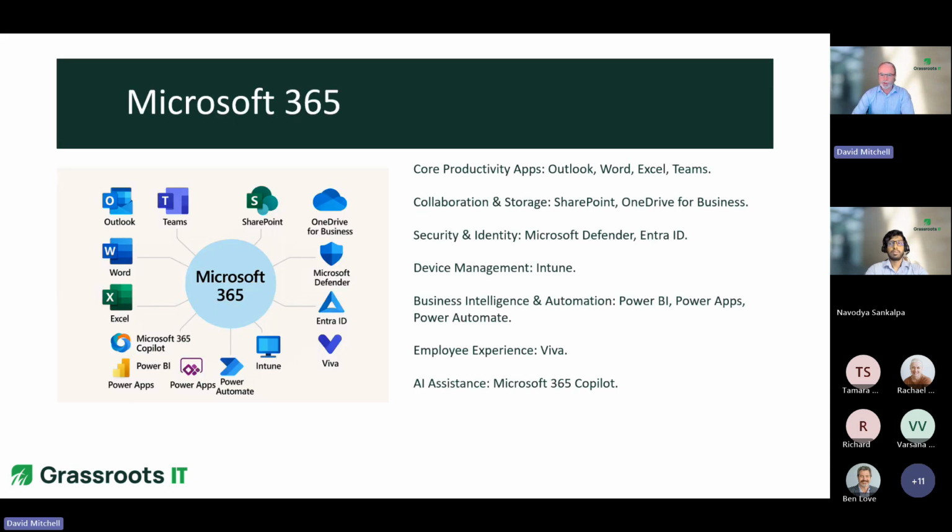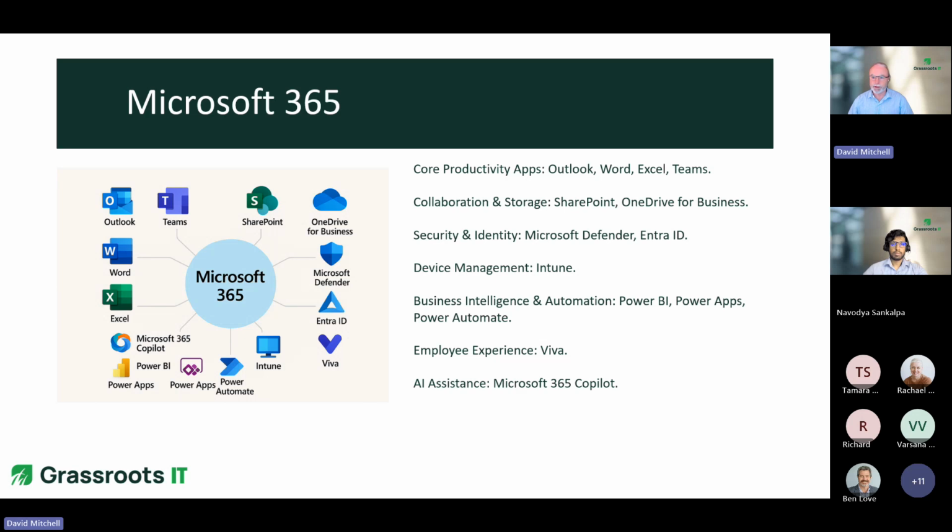So Microsoft 365, that in itself is a massive platform. Some of the main applications are productivity apps of Outlook, Word, Excel, and Teams, collaboration and storage, which is SharePoint and OneDrive for Business. Then we have security and identity, and all of these are really important because they interlink.